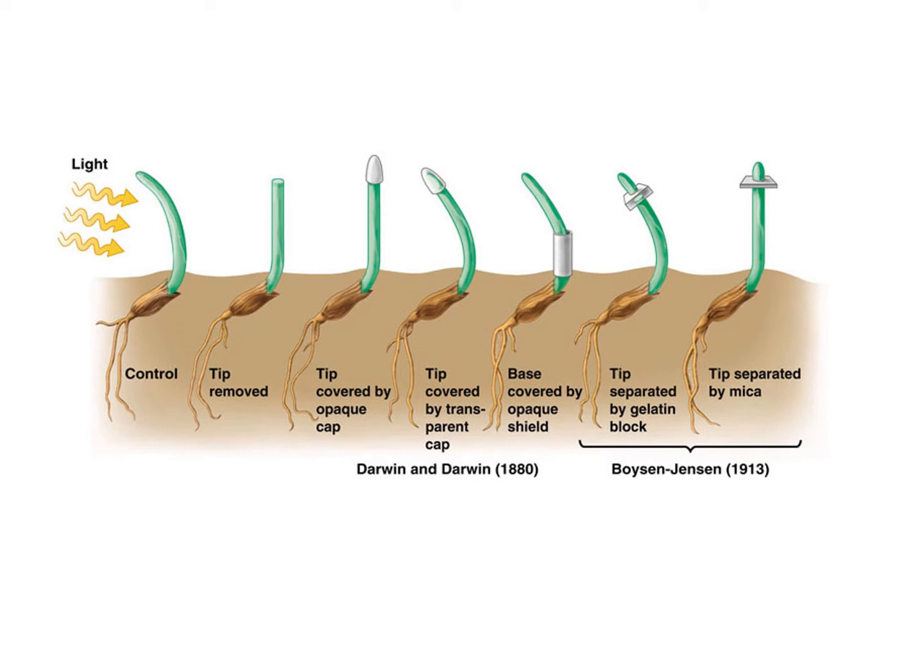So this told them that maybe it was chemical messengers diffusing down from the tip that caused this. Because if they repeated that, but put a little chip of mica, which does not let water pass through it, the plant loses that tropic response.